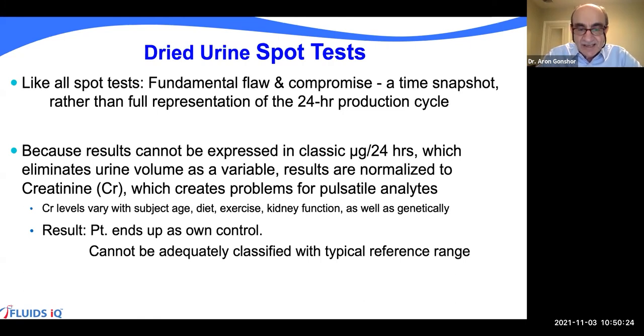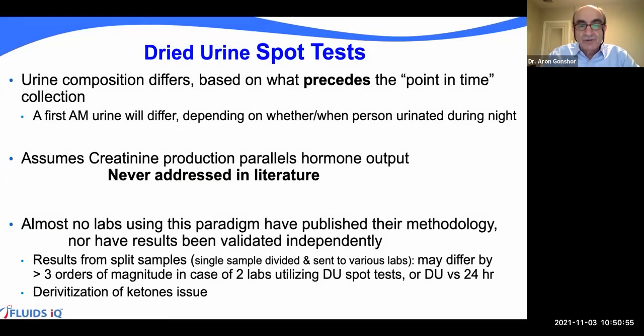And that creates a whole slew of problems when you're dealing with pulsatile analytes. Those are analytes that are changing very quickly, like steroid hormones, because creatinine levels are going to vary with age, diet, exercise, kidney function, even genetics. So remember, with dried urine, the patient ends up being his or her own control, and you cannot adequately classify with the typical reference ranges.